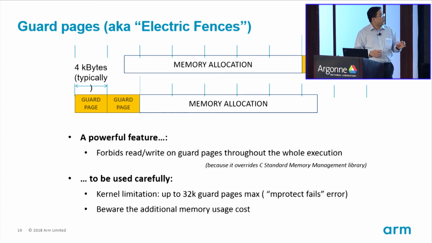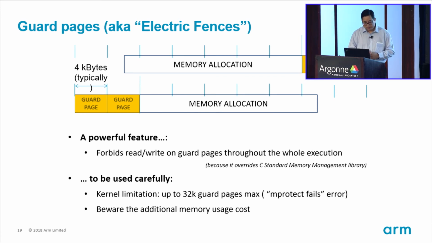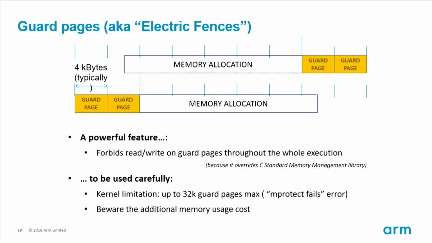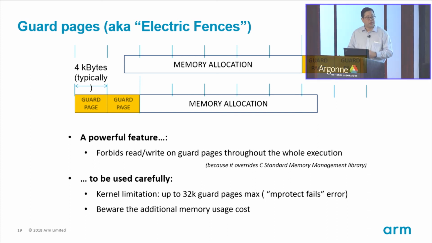And if you access something beyond the memory that you allocated, DDT will prompt you and say, hey, you're not supposed to be touching this part of the memory. Okay. But do keep in mind that this is a fairly expensive thing in terms of memory usage. So if your application is already using a lot of memory, I would suggest that you either run a smaller problem case or allocate more nodes so that the amount of memory available per MPI rank is greater before you turn this on.